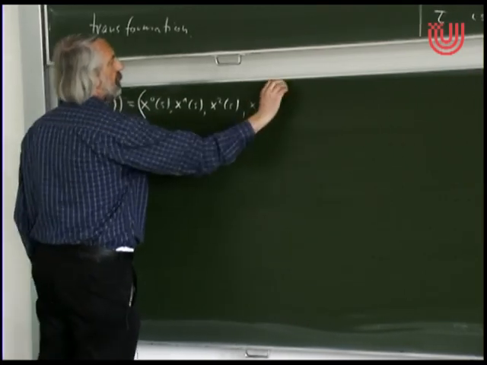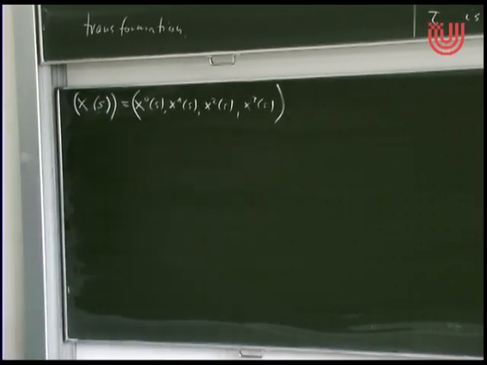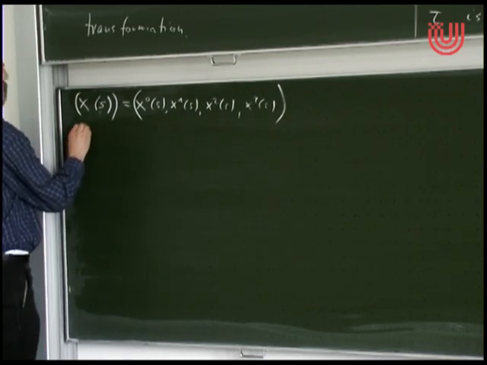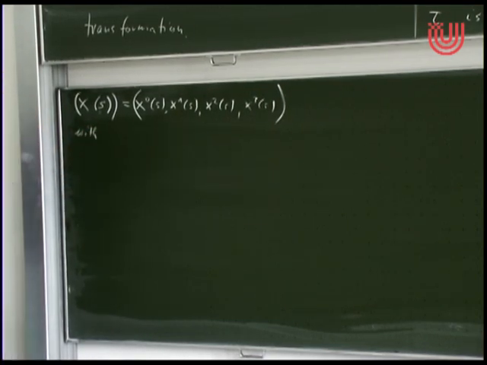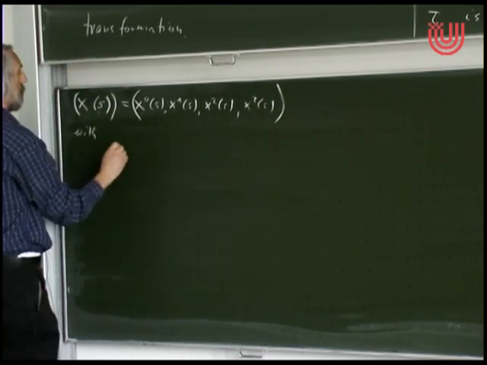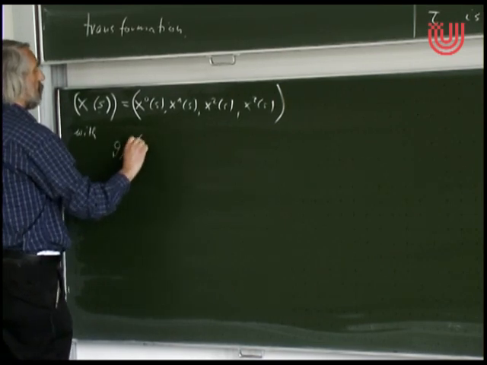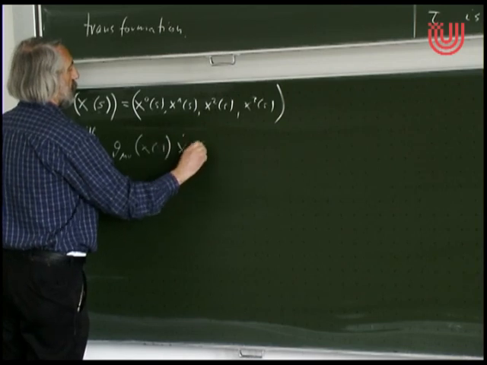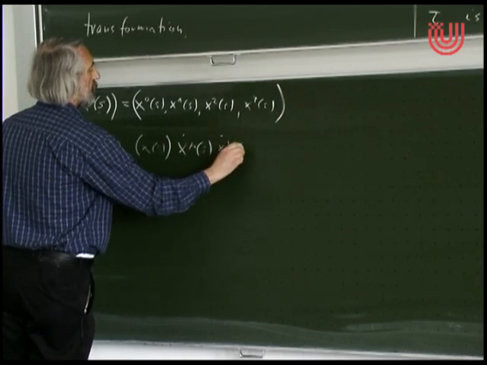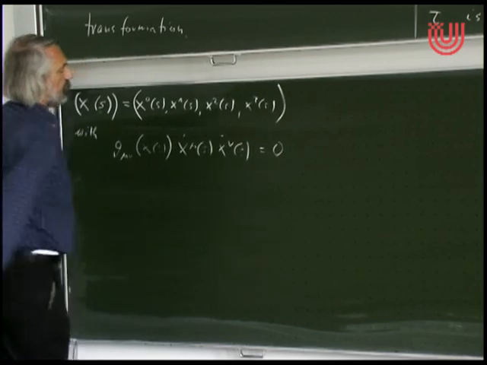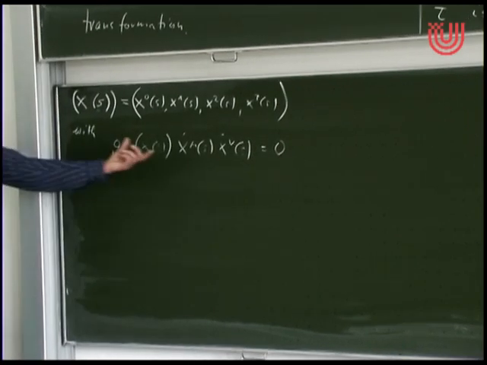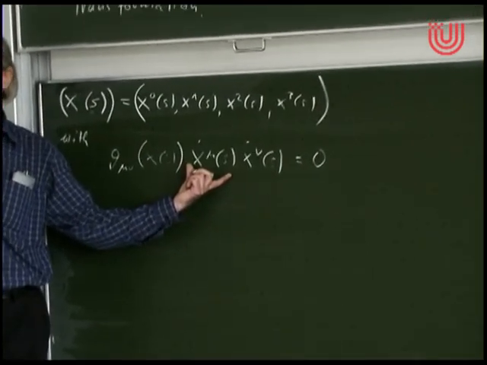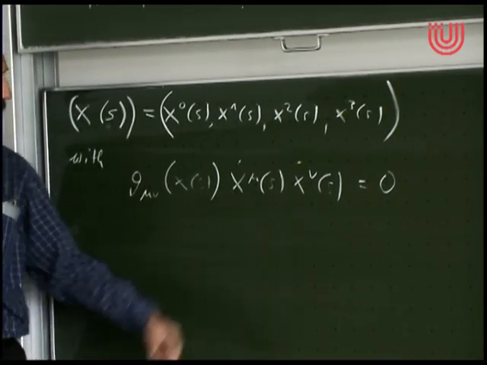x3 of s. And in this case, it should satisfy the following 2 conditions. So it should be a light-like curve. This means where we had the minus c squared there, we now have 0. So g mu nu at x of s, x mu dot of s, x nu dot of s is 0. This means it's light-like. This tangent vector is always on the light cone. That's what this equation means.